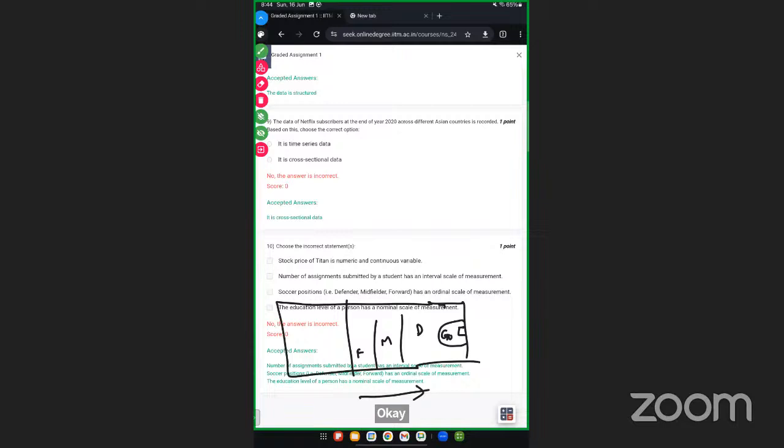They do have a scale. I mean, they do have an order. I don't see any way that they don't have any order and are nominal. The statement is: soccer position has ordinal scale of measurement.